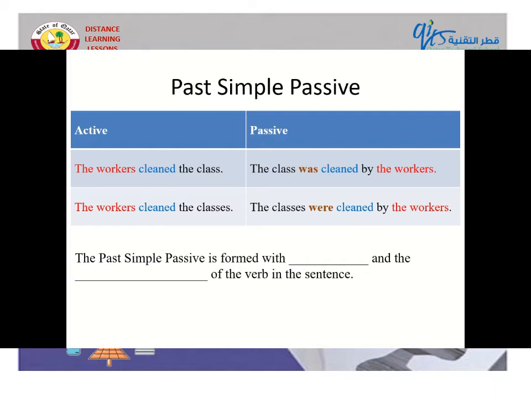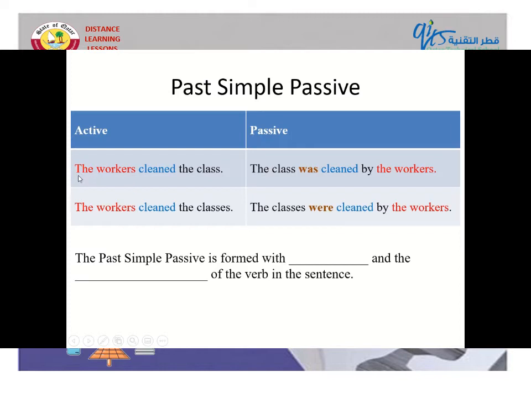Now, let us study this table to fill out the gaps. The past simple passive is formed with a gap and a gap of the verb in the sentence. So remember, we are dealing with past simple. So the active voice is in the past simple.